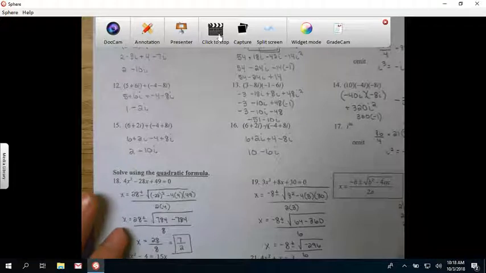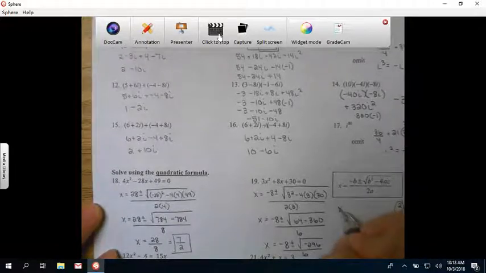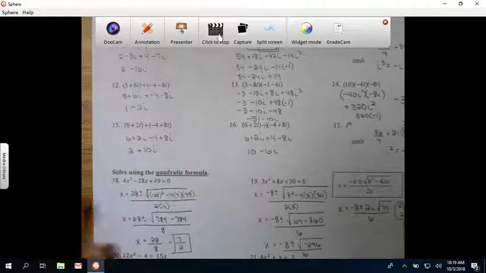So I have 2 times 2 times 2 times 37. So I'm going to bring out a 2. But don't forget to bring out that i with it. And then I'm still left with a 74 underneath and a 6.